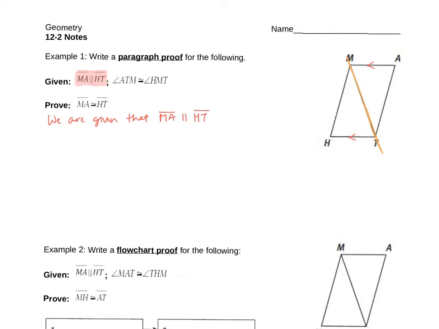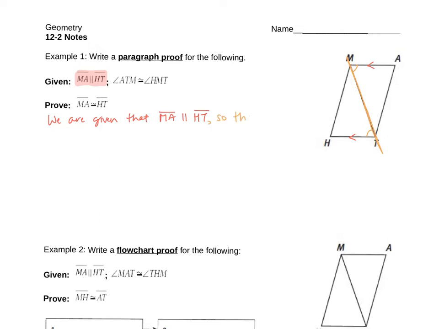So what we know is that angle MTH, so this angle right here, would be congruent to angle TMA, this angle, because of alternate interior angles. So we can say we are given that MA is parallel to HT.